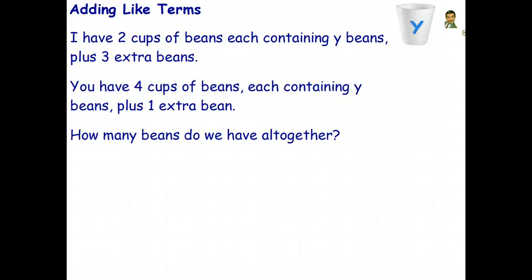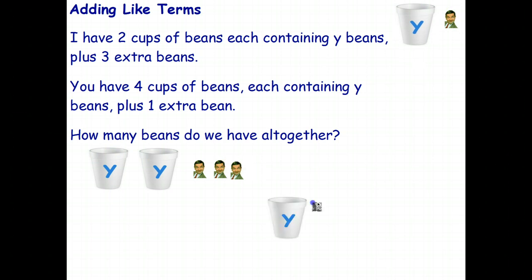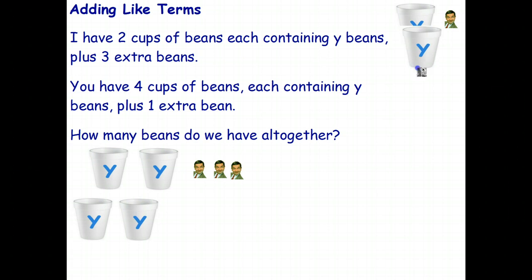Okay, this time I have 2 cups of beans, each containing Y beans, and I have 3 extra beans. So here's my little collection. You have 4 cups of beans, and 1 extra bean.